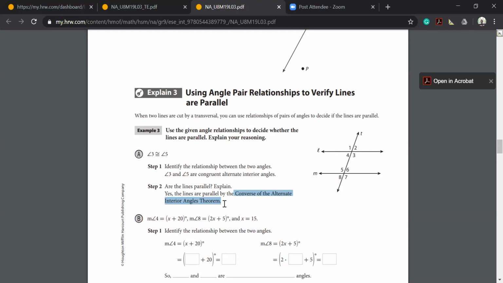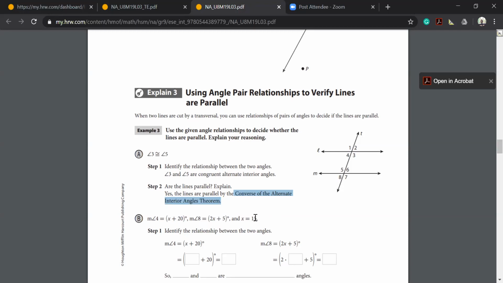Okay, let's see what about angle 4, question B. Use the given angle relationship to decide whether the lines are parallel. He told you here, measure of angle 4 is x plus 20, measure of angle 8 is 2x plus 5, and he already gave you x.